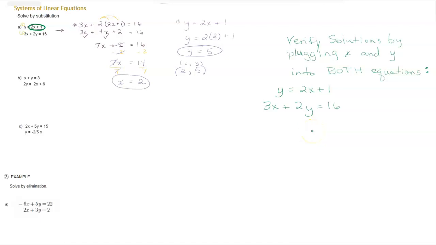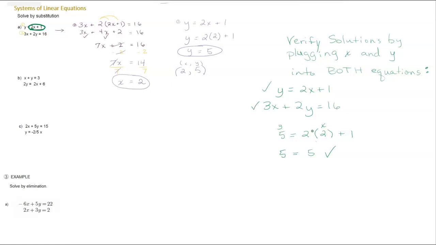For the first equation, we'll plug in our 2 for x and our 5 for y. So we get 5 is equal to 2 times 2 plus 1. There's your y and there's your x. Let's simplify it and see if we get a true statement. We have 4 plus 1, and we do. So it works out for the first equation.